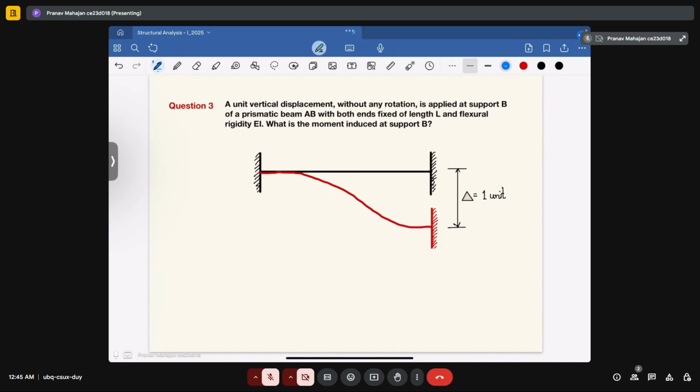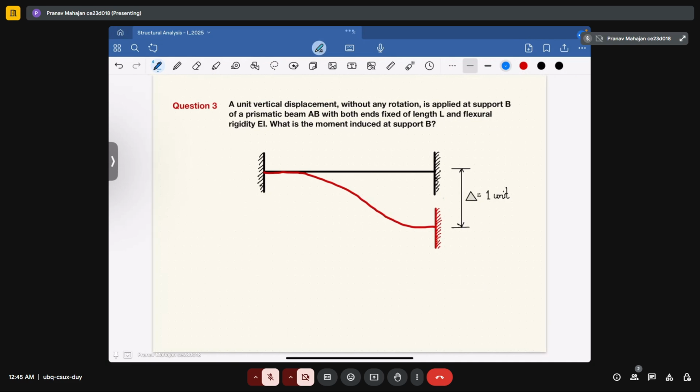So let's see. So if we apply the rotation in the beam like this, okay, so this value will be equal to 6EI upon L square. Okay, so you have to provide anti-clockwise moment at the free end to make the structure in equilibrium.